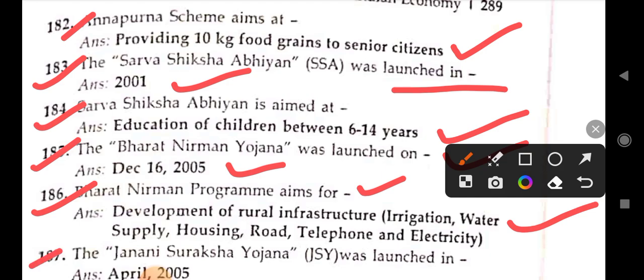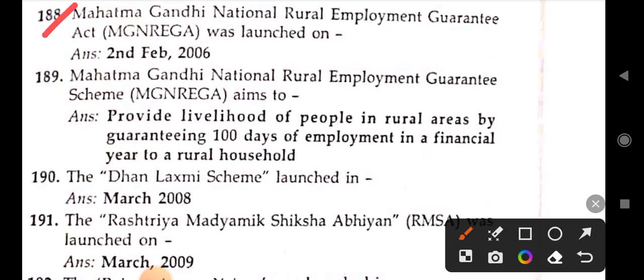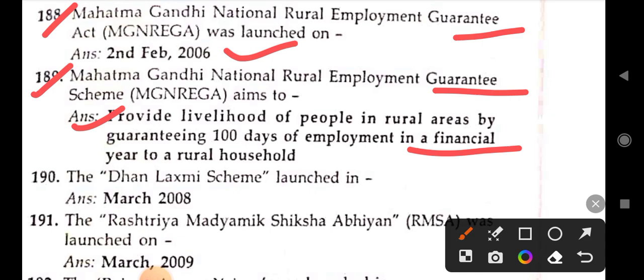The Janani Suraksha Yojana, JSY, was launched in April 2005. Next, the Mahatma Gandhi National Rural Employment Guarantee Act, MGNREGA, was launched on 2nd April 2006. MGNREGA aims to provide livelihood to people in rural areas by guaranteeing 100 days of employment in a financial year to a rural household.